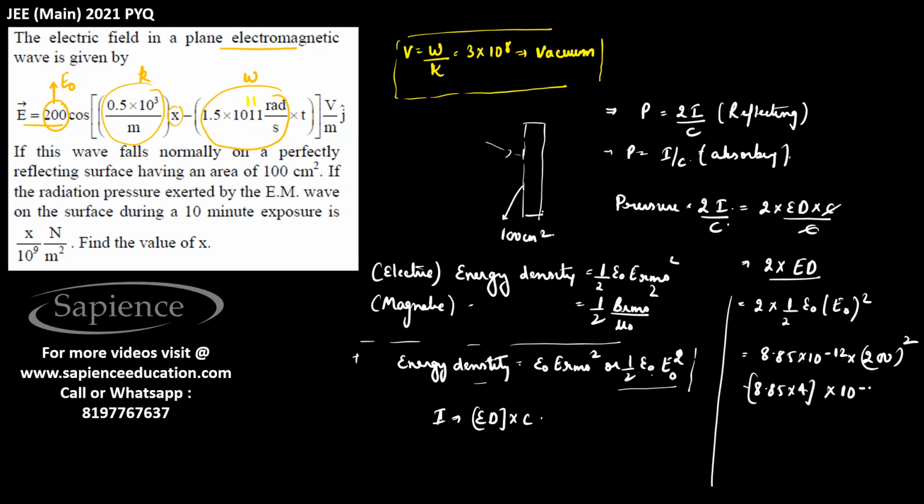We have to give the answer in 10 raised to the power minus 9, so we have to divide it by 10 further. So the answer is 35 something into 10 raised to the power minus 9 divided by this, so 3.5 something. This should be the answer.